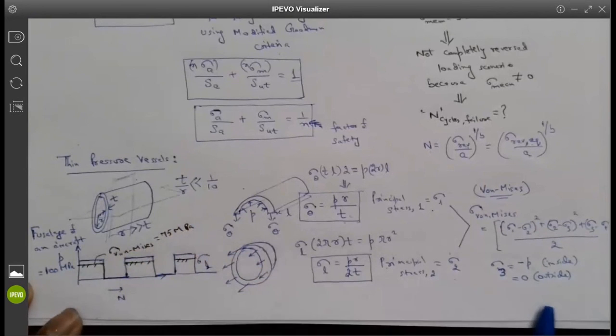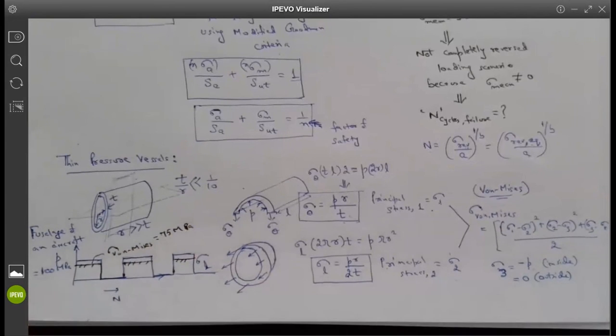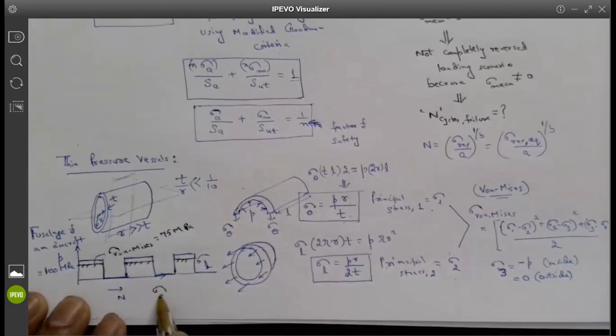Now, what will be the mean and what will be the amplitude of the von Mises stresses? Can somebody tell me what the amplitude of the von Mises stress would be? Sigma a for von Mises. How much is the amplitude? 37.5 megapascals.